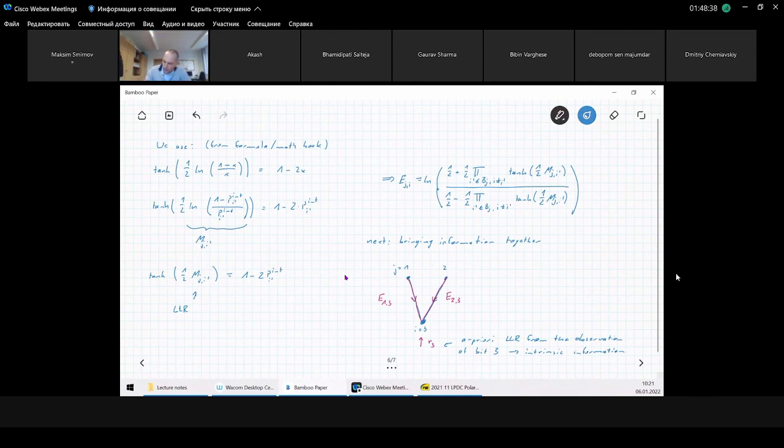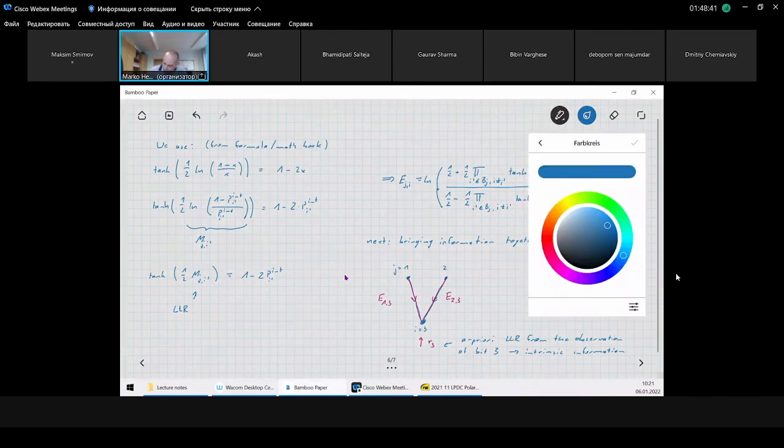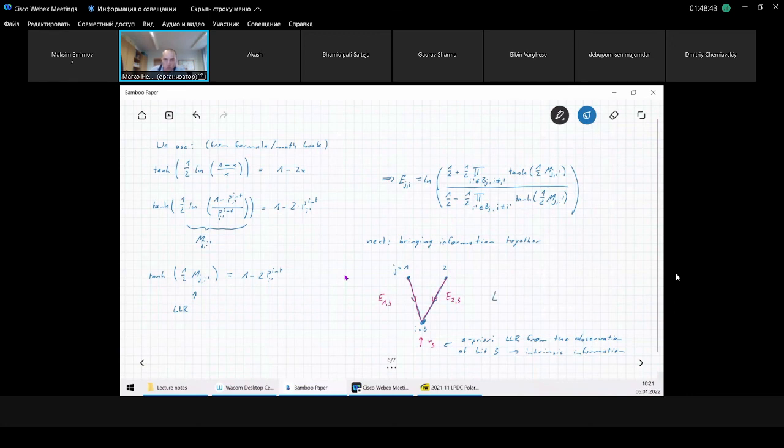And at the end we get the new, resulting log likelihood ratio L3, which is R3 plus E13 plus E23. And this is the nice thing about using log likelihood ratios.